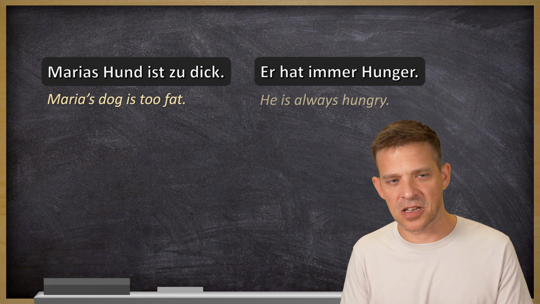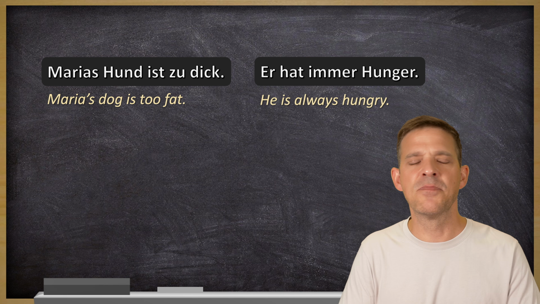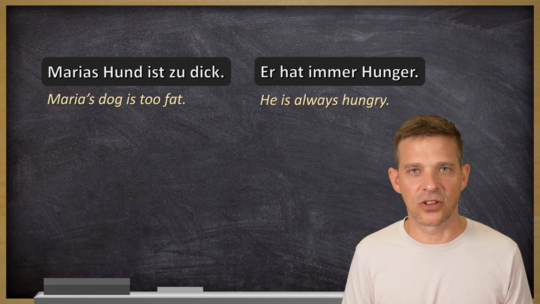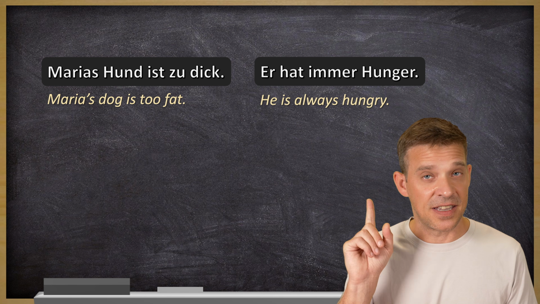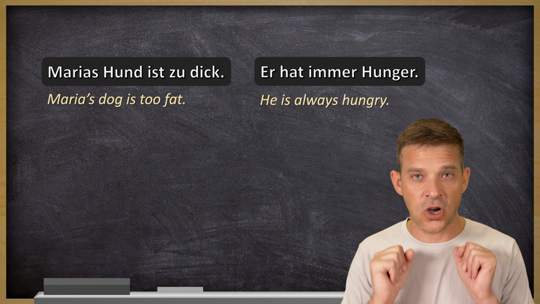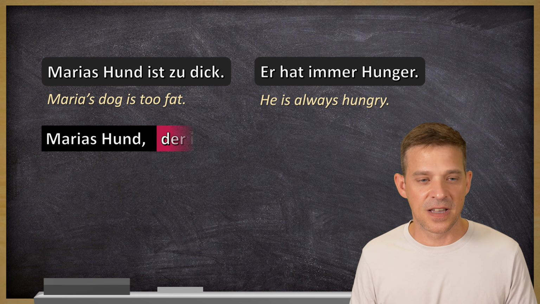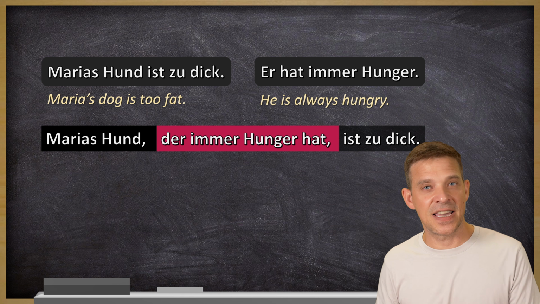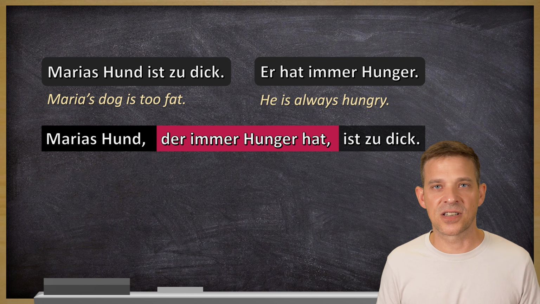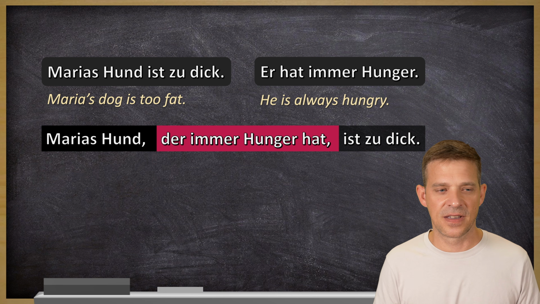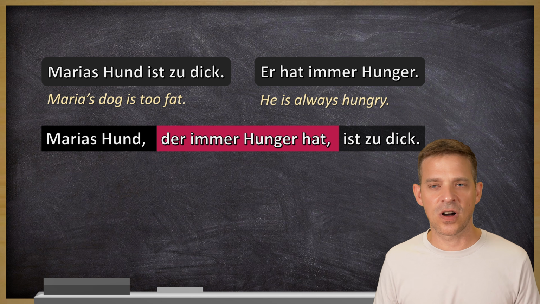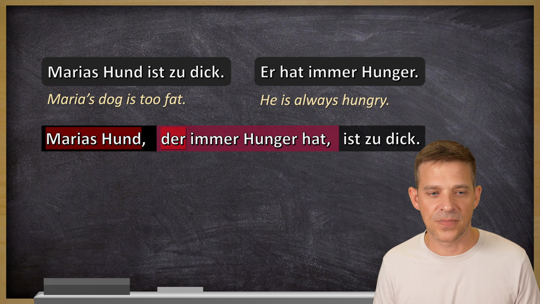Marias Hund ist zu dick. Maria's dog is too fat. Hat immer Hunger. He is always hungry. Two sentences. Now we want to combine them using an embedded relative clause. Marias Hund, der immer Hunger hat, ist zu dick.